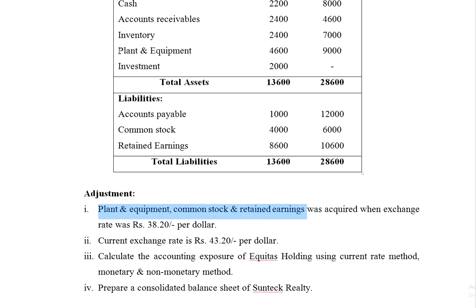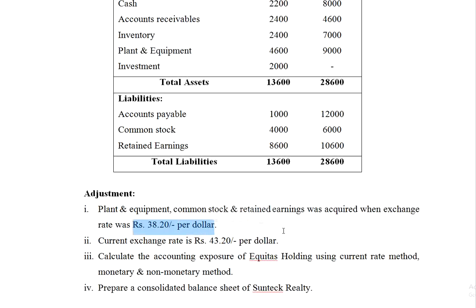We can see it over here. Among these three, two are from liabilities and one is equipment. He says that this was acquired at the rate of 38.20 per dollar.